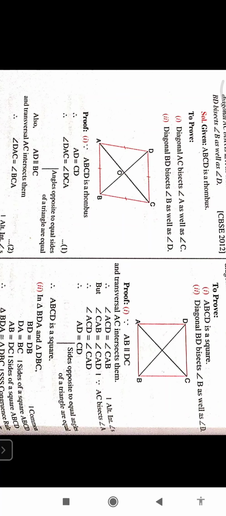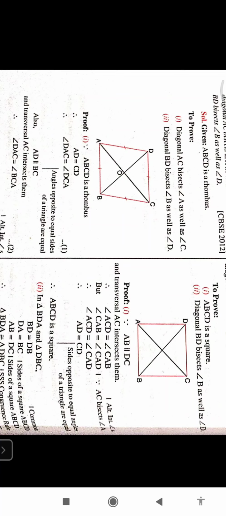Adjacent sides are equal. Angle DAC equal to angle DCA. Angles opposite to equal sides of a triangle are also equal. Both the angles are equal.